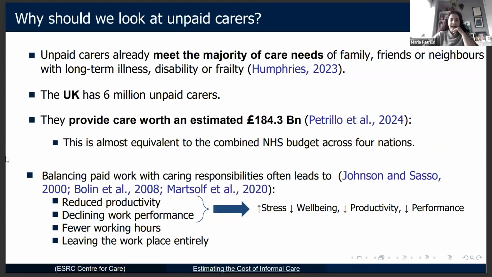Unpaid carers provide the majority of care for family members, friends, and neighbors facing challenges due to older age, long-term illness, or disability. According to the latest census, 5 million people in England and Wales, more than 627,000 people in Scotland, and more than 164,000 people in Northern Ireland provide unpaid care every day, valued at 184 billion, which is almost equivalent to the combined NHS budget across the 4 nations.